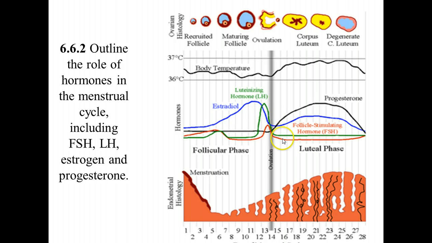But then what follows this immediate decrease is an increase in progesterone and estrogen, which, if you remember from one of the previous slides, is made from the ovaries.